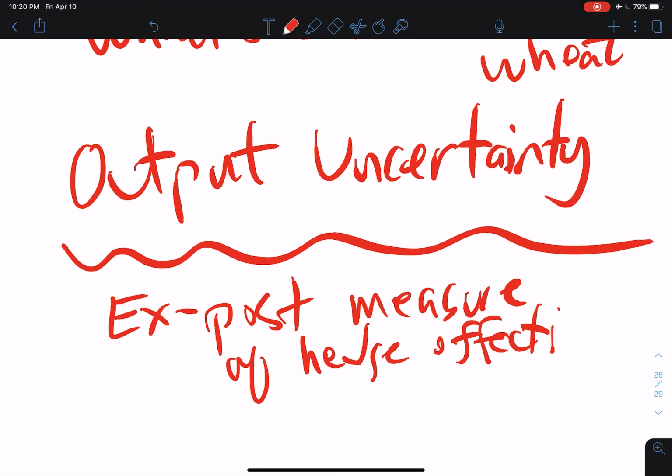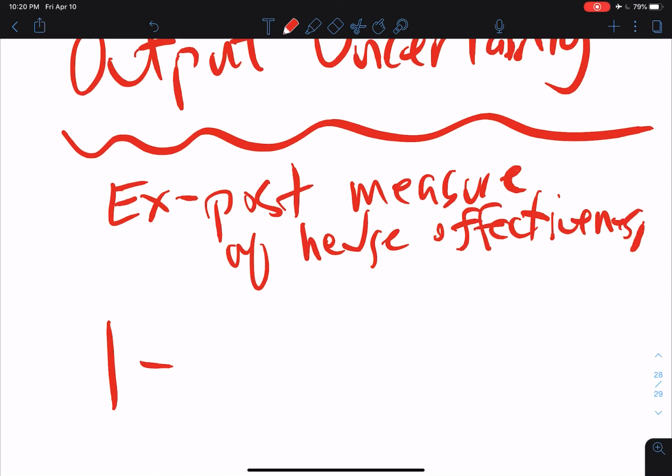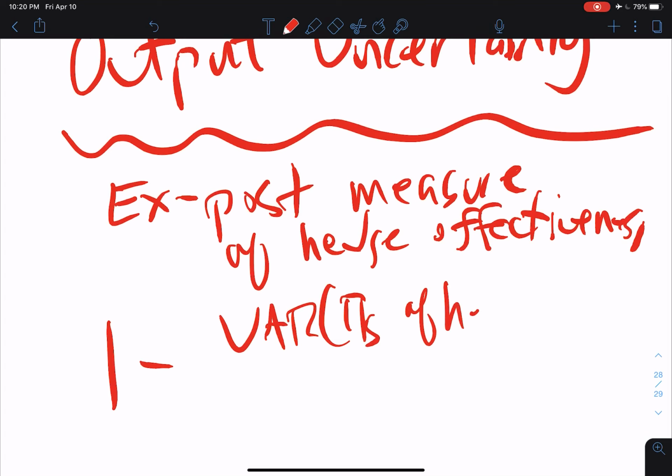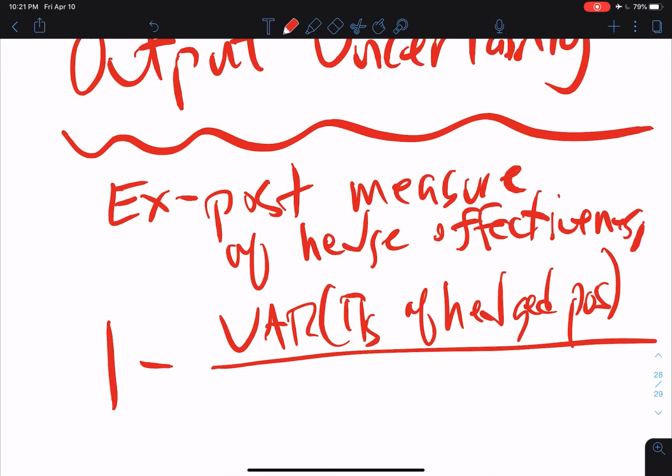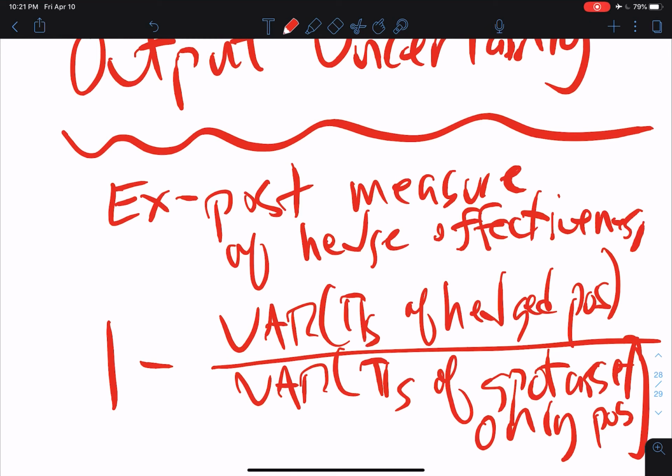And that ex post measure looks like this. 1 minus the variance of the profits of the hedged position, and divide that variance by the variance of the profits of the spot asset only position. Okay, so you divide that.